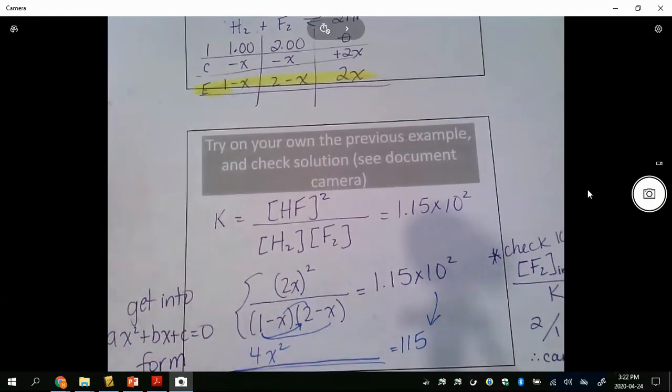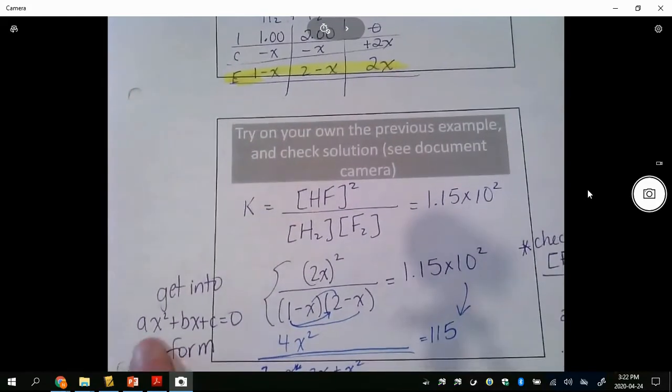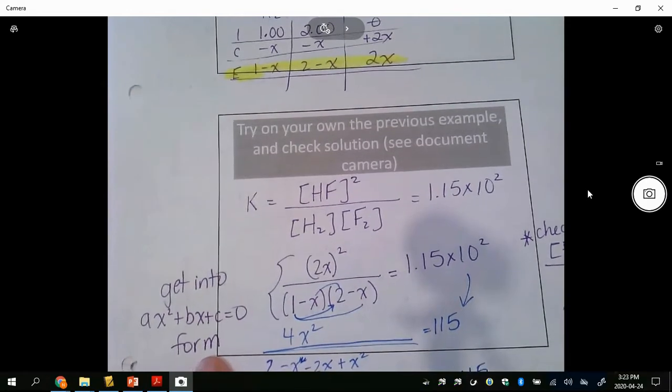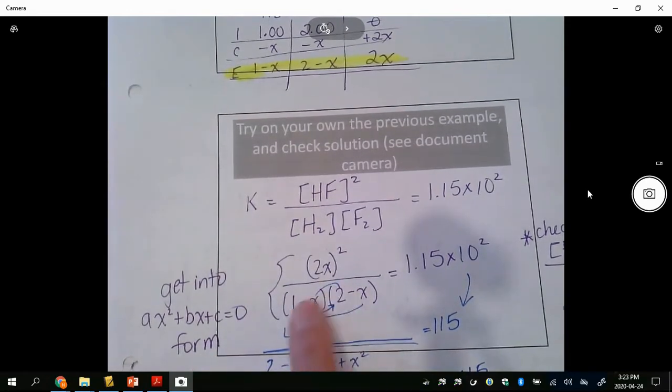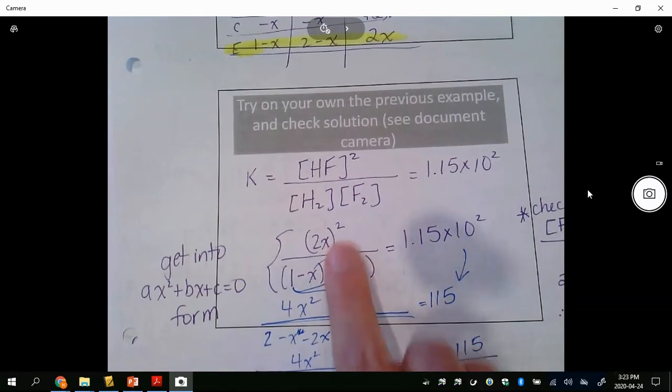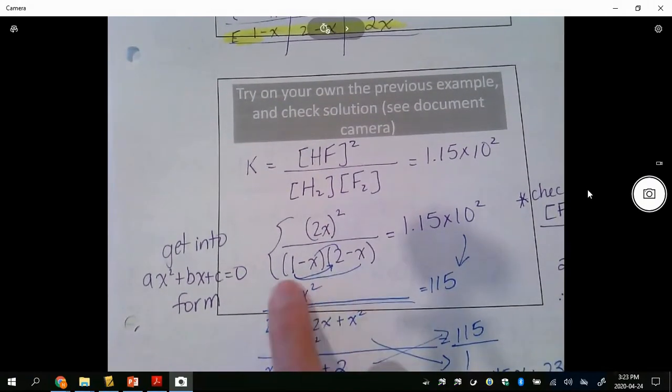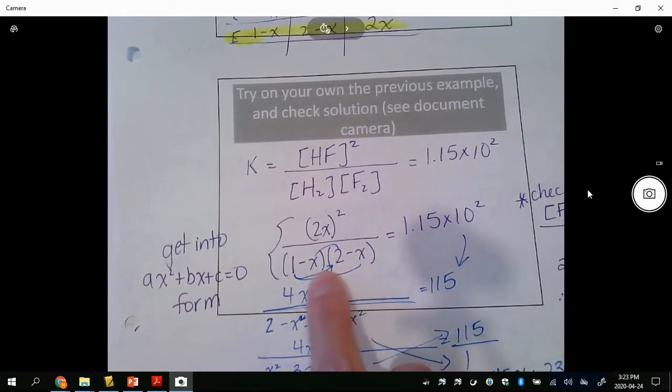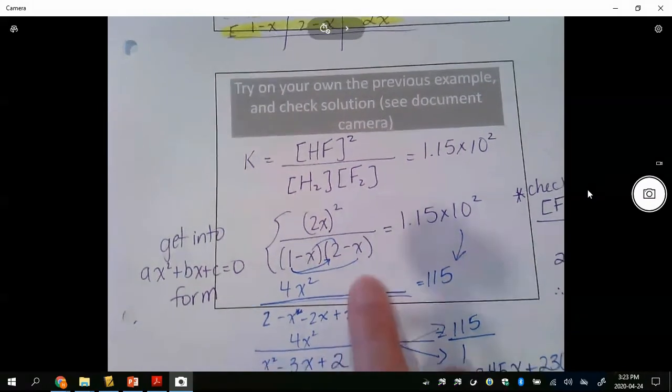Your goal is to get this into a form so that we can use the quadratic formula. So I'm distributing to get 4x squared on the top, divided by 2 minus x minus 2x plus x squared.